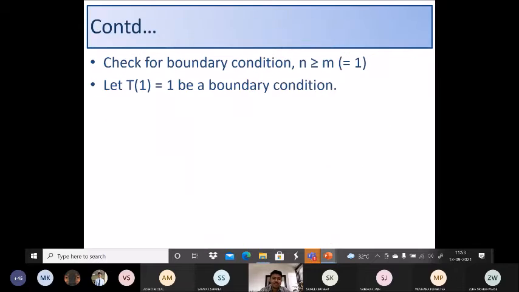So we will put some values and try to find what my boundary condition is. What should your values start from? n equal to 1, 2, 3, 4, 5, 6 and so on. So let's start with n equal to 1, put this value and try to find out what we are getting. Let's check.